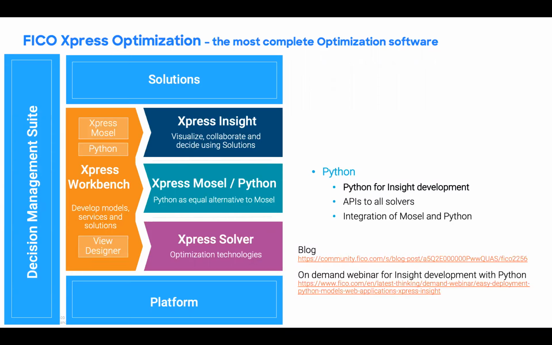So you're now able to build full applications in Python and Mosel. If you're interested in this, there's a blog post describing on a very high level how to quickly build your first application. And we have a step-by-step webinar, which I can just recommend. It's really easy to follow. Download our software and try this out and build a Python-based business user-ready optimization application.